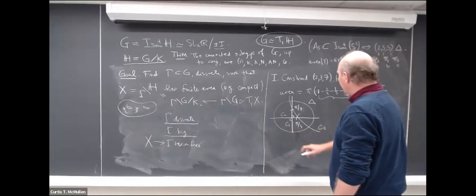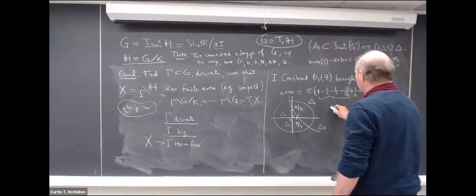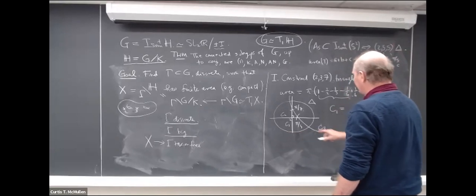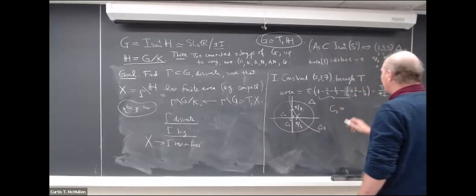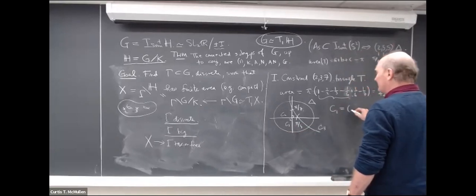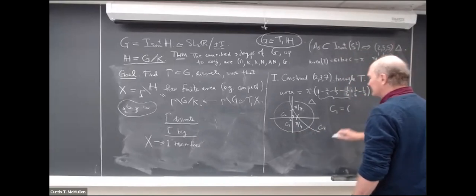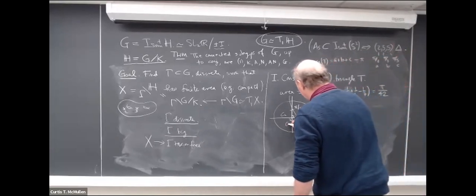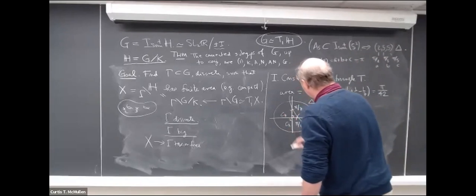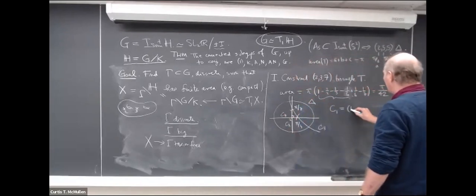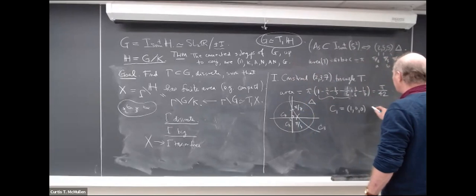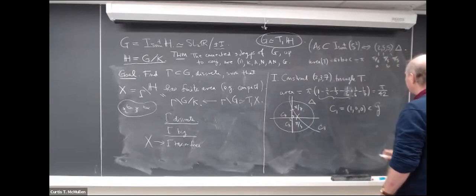So I'm going to write these circles, and excuse me if I get the indices interchanged. I'm going to write C1 as the perp of, actually, I think this is C2, and this is C1. Anyway, let me say C1 is the perp of the vector 1, 0, 0 in the space of geodesics.